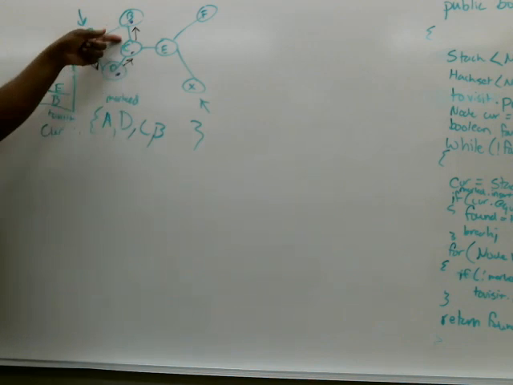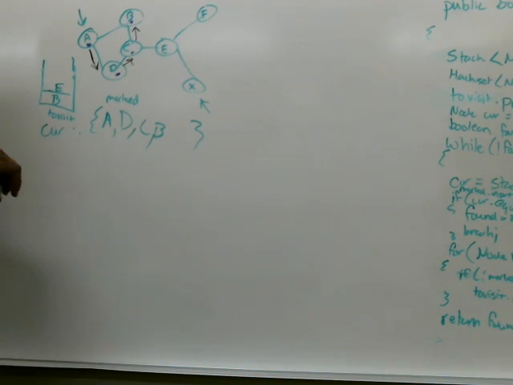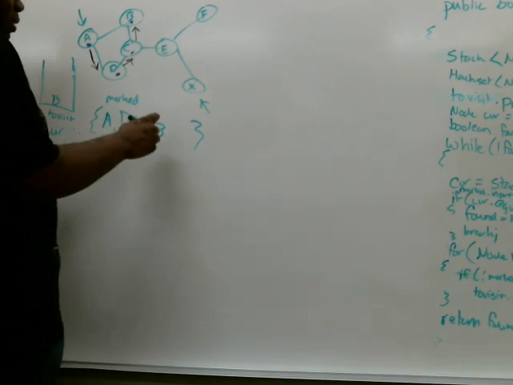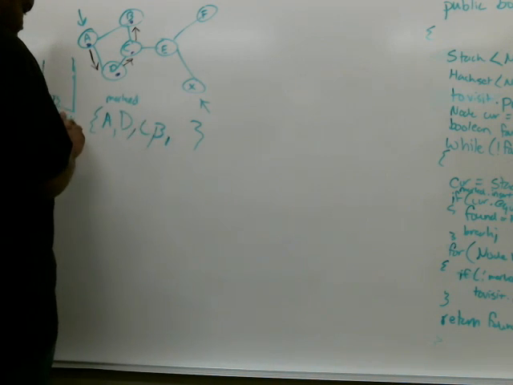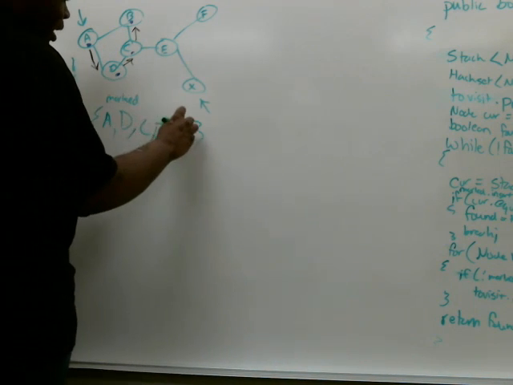But now we are going back. That's how the go back works. Now we're testing C's other neighbor, E. We pop the E off the stack, so current is now E. We put E in marked.